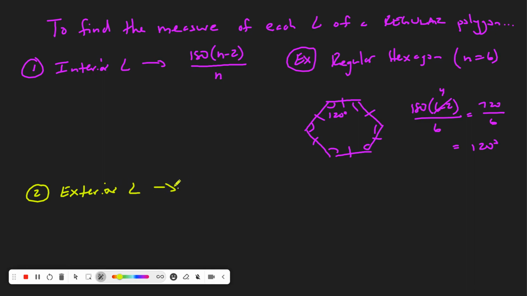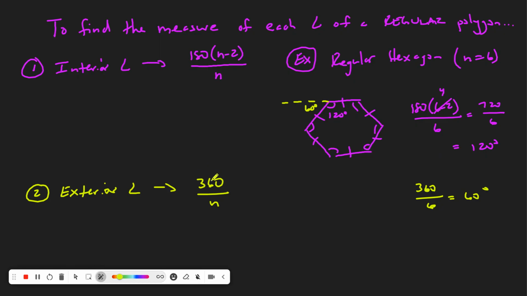Okay. Now, what about the exterior angles? To find an exterior angle, the sum is always 360, and we're going to divide that by the number of sides. So there's your formula there. In this picture, I'm going to extend this side to make this exterior angle right here. You would take 360 and divide it by 6, and you would get 60. This angle is 60 degrees. And now, this gives me an important point.